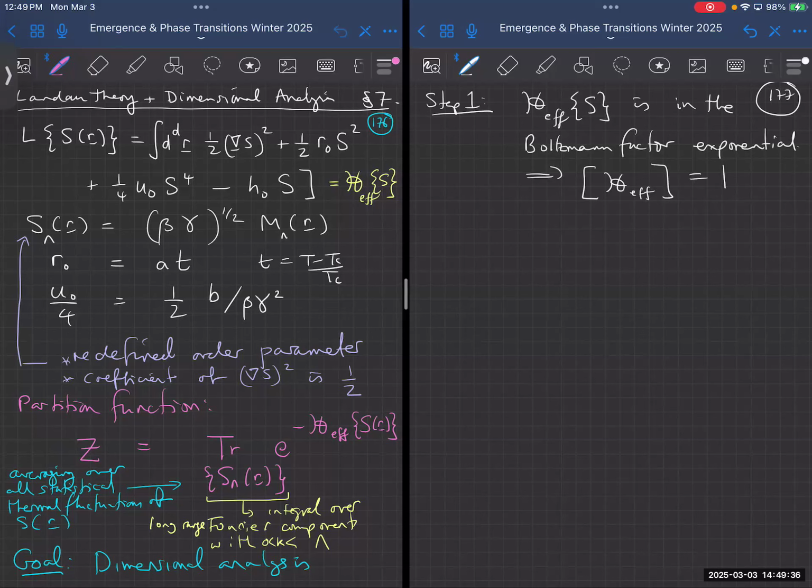Now, the effective Hamiltonian is a sum of all the various terms, and all these terms must therefore have the same dimension. So let's have a look at the first term. So that's step one. Step two, we're going to figure out the dimension of the field.